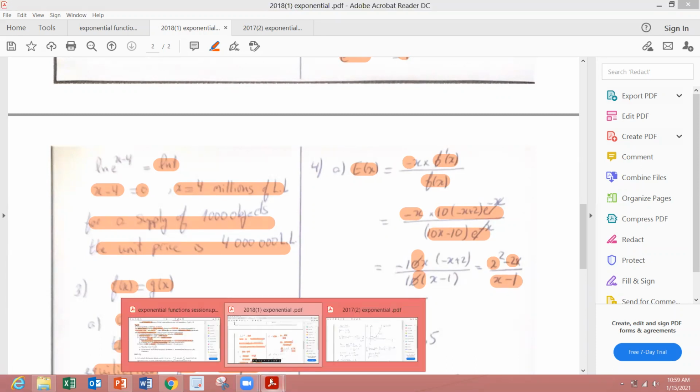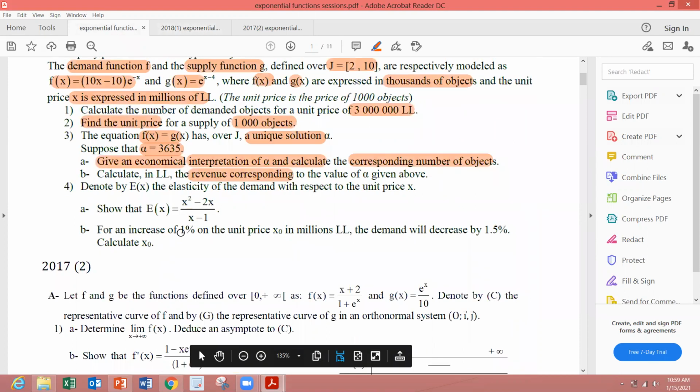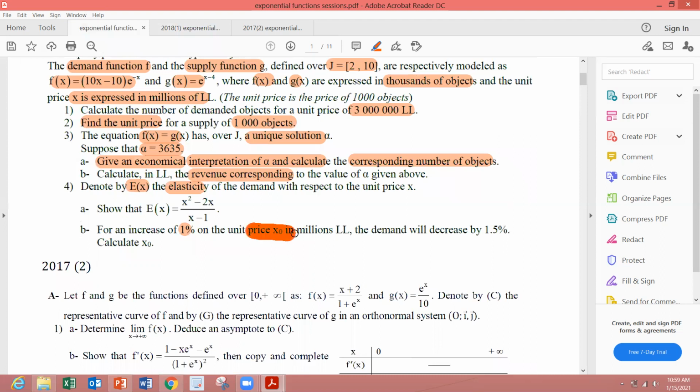The last part: for an increase of 1% in the unit price x0 in millions of Lebanese lira, the demand will decrease by 1.5%.